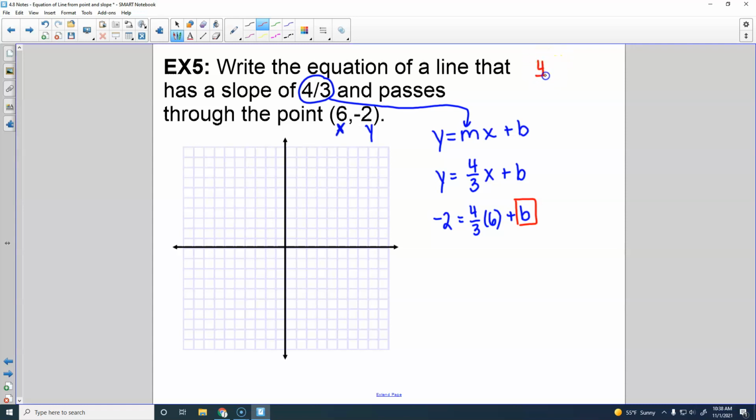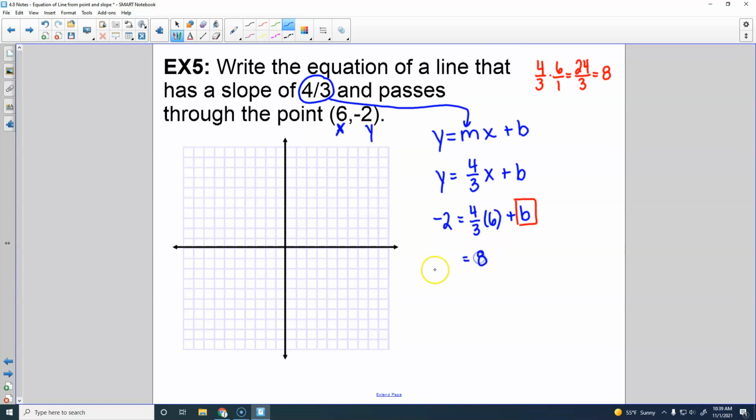So I got 4/3 times 6 over 1. How do I multiply fractions? Straight across. So what do I get on the top? Perfect. What do I get on the bottom? Good. What is 24 divided by 3? It is 8. So this 4/3 times 6 is actually just 8.